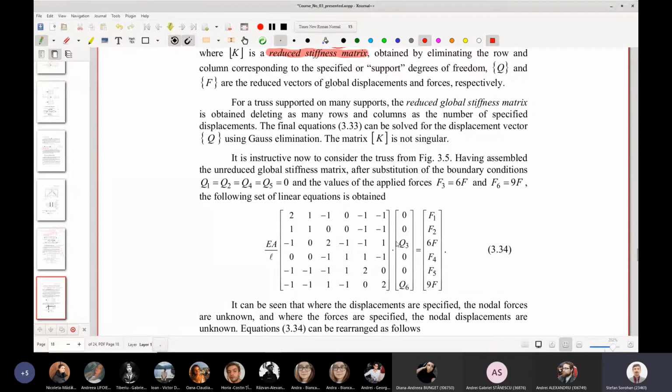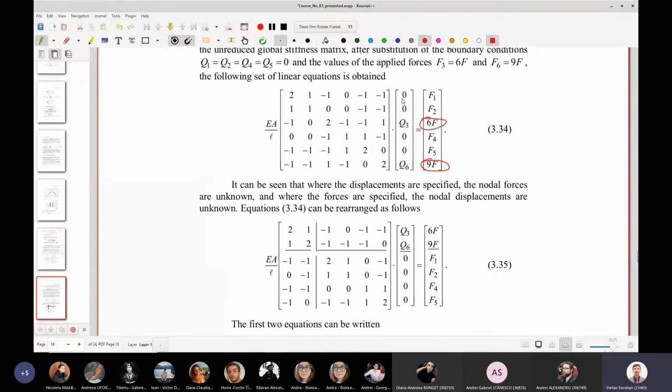Please observe that this is unknown, but here we know the applied force, and also here. So in one equation, we must take this one, multiply with this one, and we obtain, for one equation where we don't know the displacement, we know the applied forces. This is very important to keep in mind.